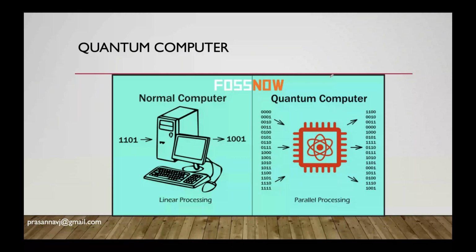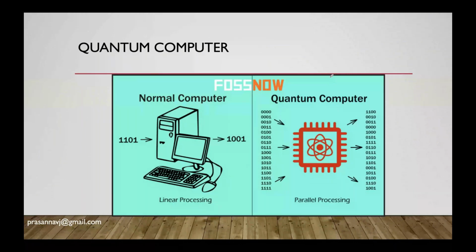You can process all the values in the first step itself. But in the case of a normal computer, you may have to go through a serial, linear process to process probably 15, 16 steps to get the details. So that's a major difference between these two.